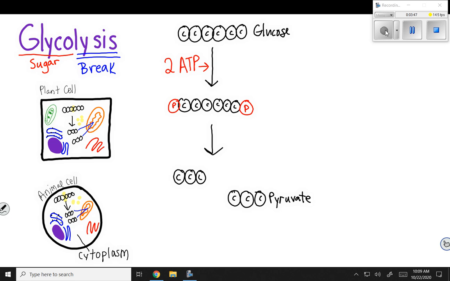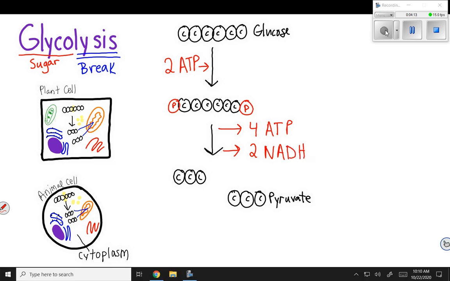And everything that we care about basically happened when we broke that bond and energy was released. We get energy in the form of ATP, like 4 ATPs come out. And we also get energy in the form of electrons, so 2 NADHs come out. Remember, that is our electron carrier.